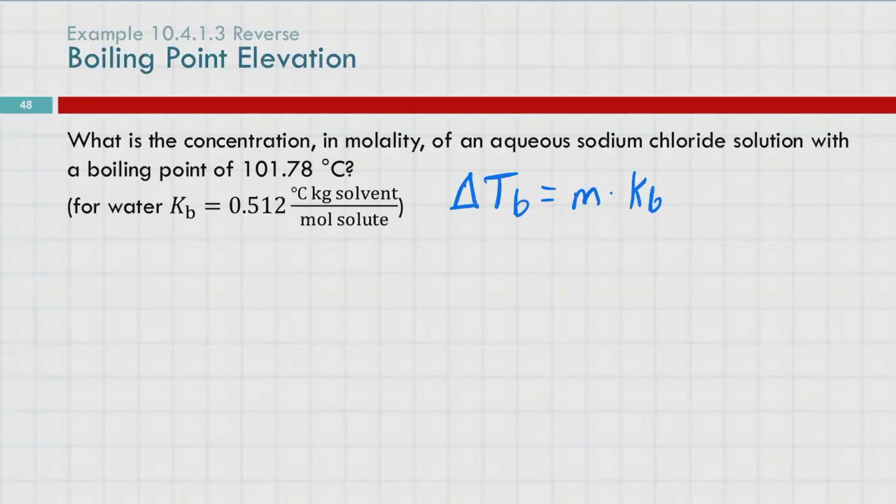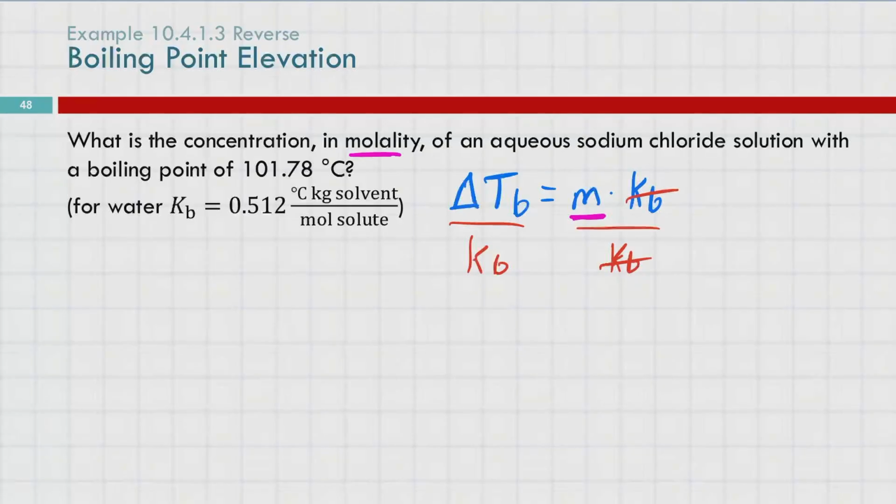What are we being asked to find in that equation? Concentration, which is which of those three terms? M, lowercase m. The concentration in molality. So if we want to find m, we need to get m by itself. Divide both sides by Kb to get it to disappear from the right side.